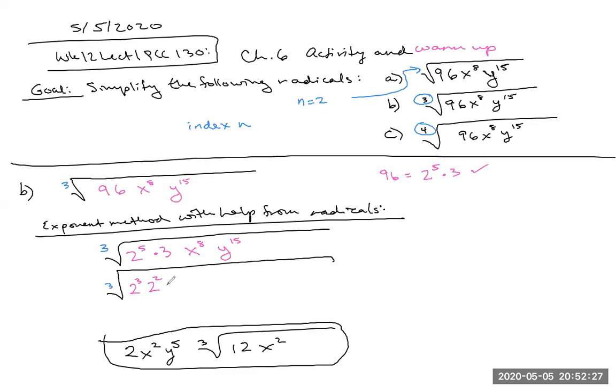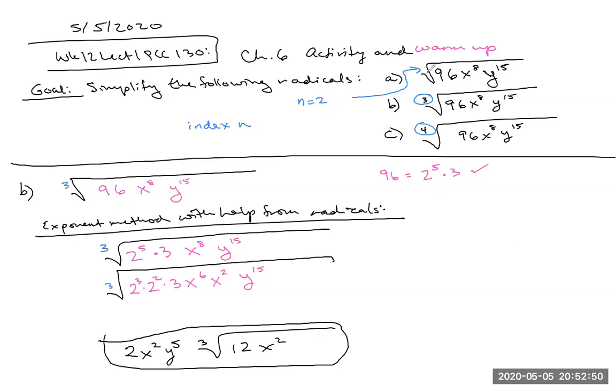I'm still going to have my 3. And then x to the 8th, 6 is divisible by 3, and there's 2 left over. 15 is actually already divisible by 3.